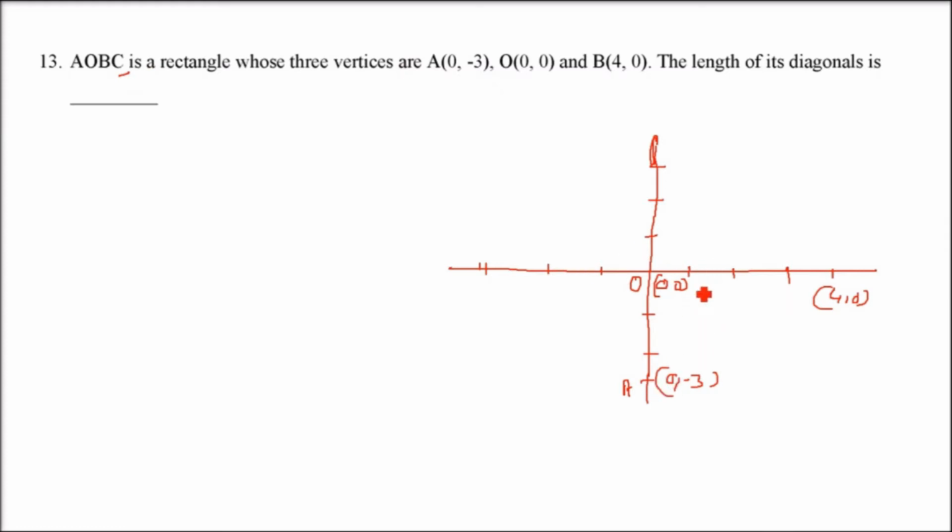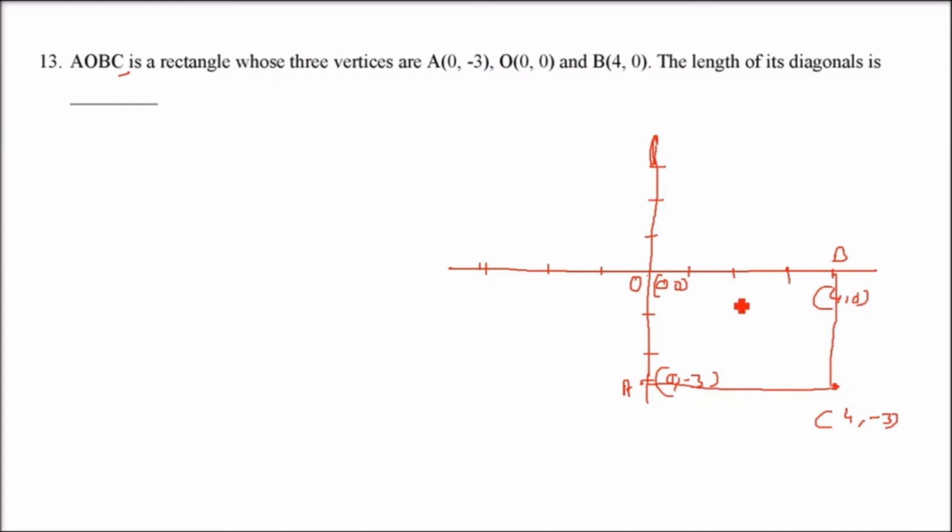So we have A, O, B, C. We know that opposite sides are parallel. So what is this point? This is minus 3, so y will be minus 3, x is 4. So 4, minus 3 is the point. Now you can just join and make a rectangle.